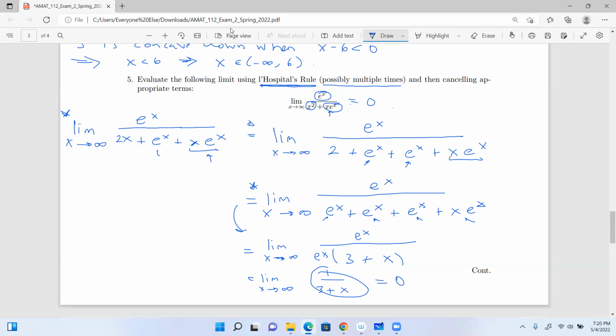And there's, I guess, a lot of different ways you can see this. You can think, basically as x goes to infinity, this 3 just becomes negligible. If you take a billion and then add 3, you're not really enlarging the number that much.